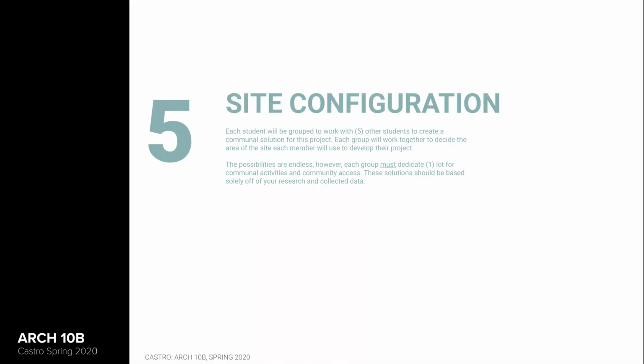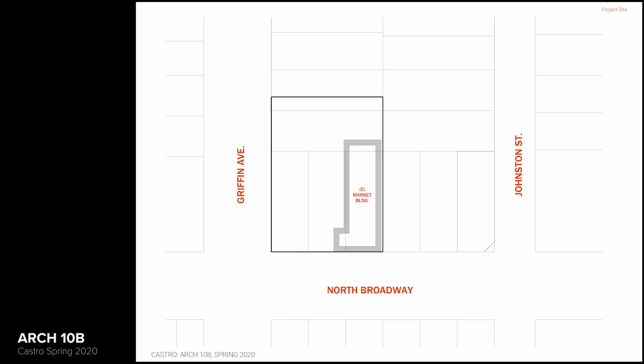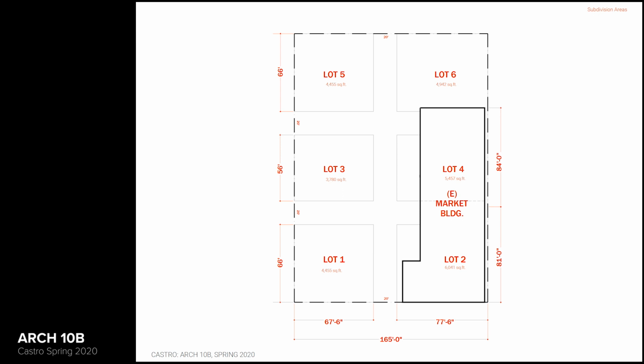And these solutions for the community should be solely based on your research and all the collected data that you have for both the macro view of Lincoln Heights and for the micro of the project site. Let's look at this visually here. When we started off, I said make sure that you have at least a 2D plan, site plan, and a floor plan of the existing conditions. What we're doing is we're taking the existing site and subdividing it into 6 lots.